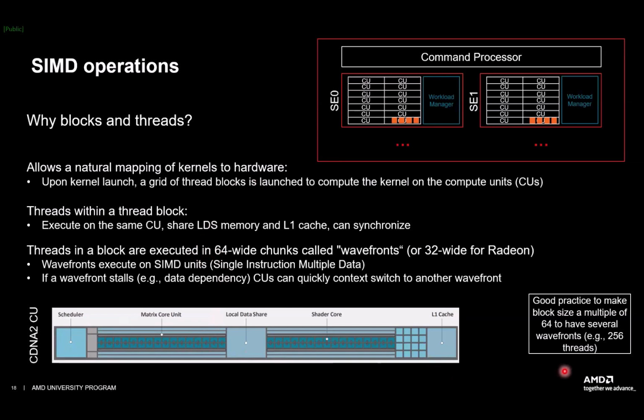And so because of these SIMD operations and the fact that these are 64 wide, it's important to make sure that when you set your number of threads per block, you do so at a multiple of 64, so that this can get broken up into these 64 wide chunks to be performed on these SIMD units.